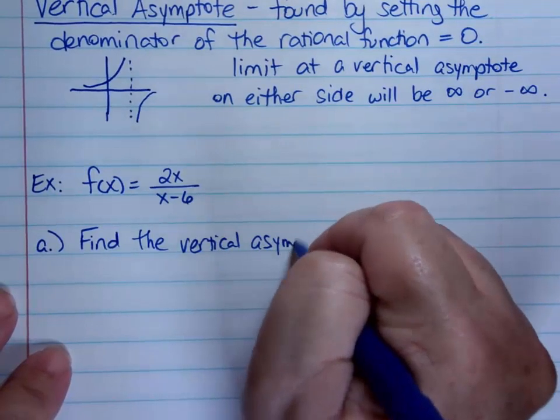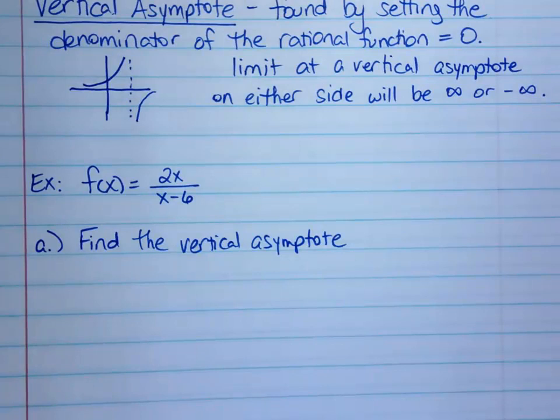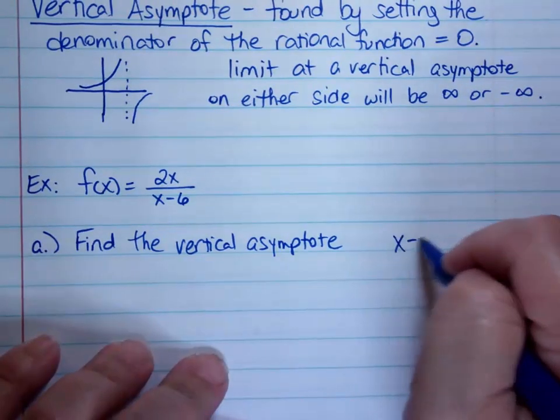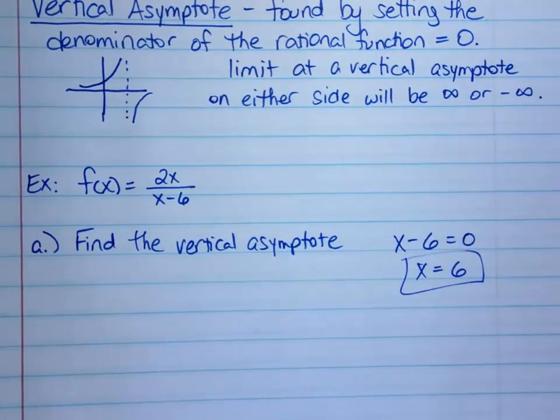And I believe that you were taught that in either Algebra 2 or Pre-Calc. So what should I do to find the vertical asymptote? Set the bottom equal to 0. So x minus 6 equals 0. X equals 6 is the vertical asymptote. That was pretty simple.